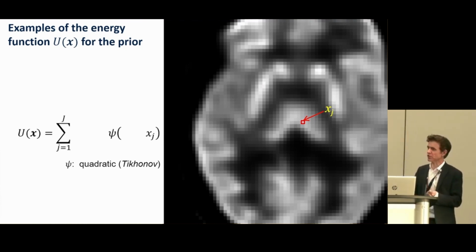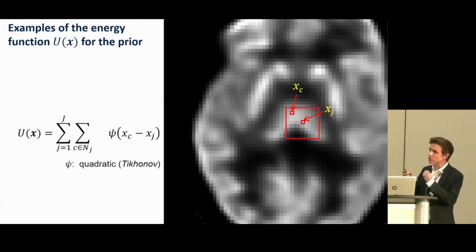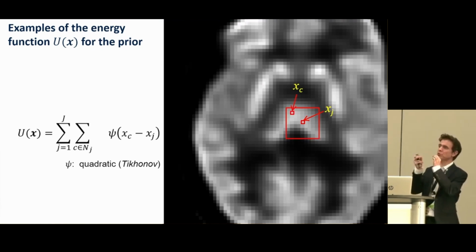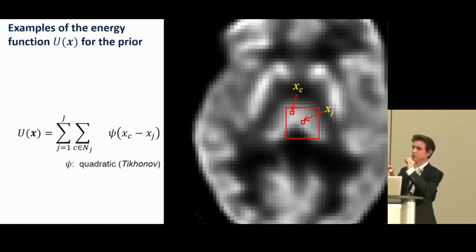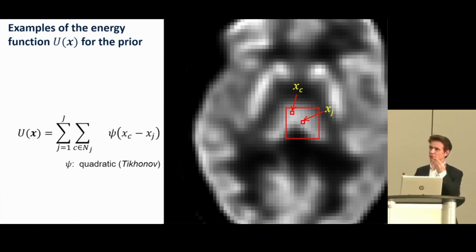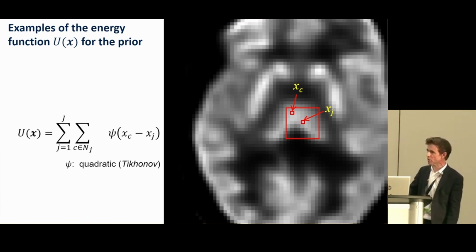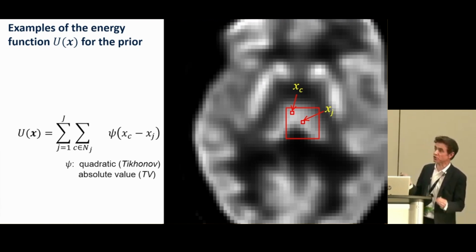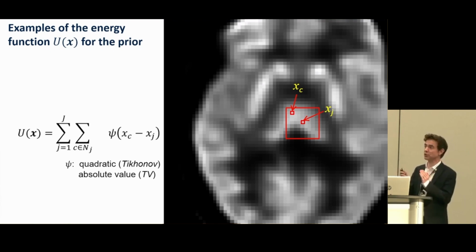Not very elegant. It's actually better to look at the differences between values and say, okay, we can accommodate large values, but we can't accommodate large differences. So large differences between pixel values would give a high energy. Okay, so that would be like a typical quadratic prior. If we were to take instead the absolute value instead of the square, then that would be total variation.